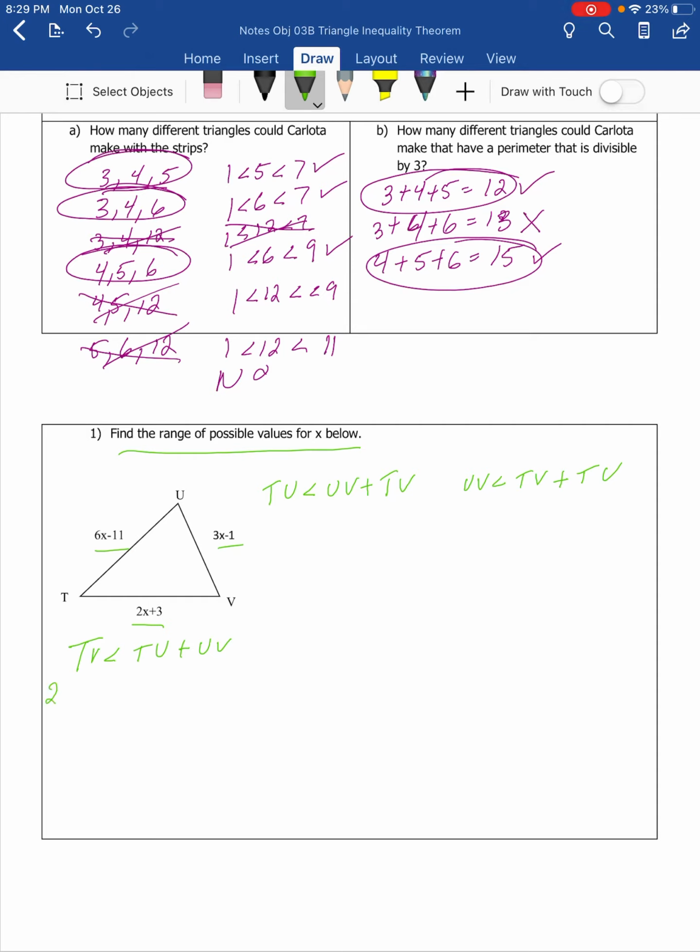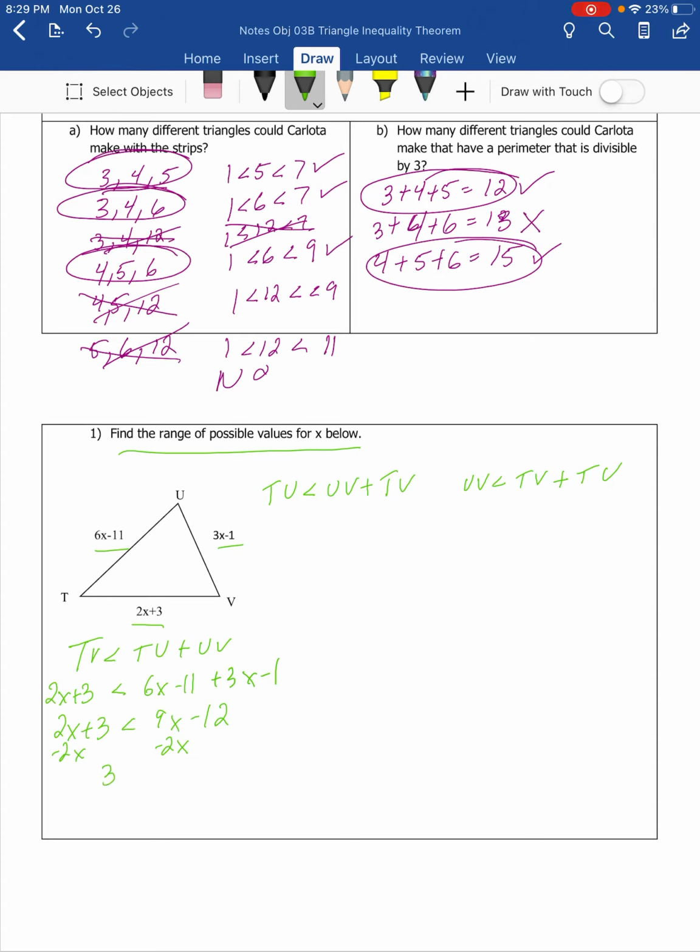So we're going to do this one first. T to V. So I know 2x plus 3 is less than 6x minus 11 plus 3x minus 1. So I have 2x plus 3 is less than 9x minus 12.